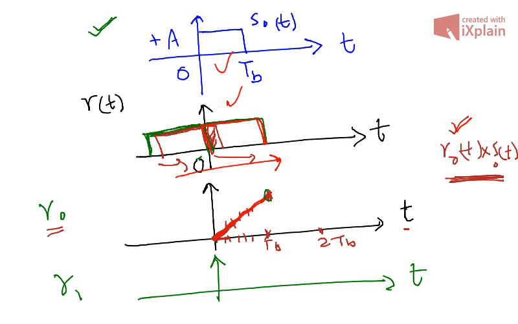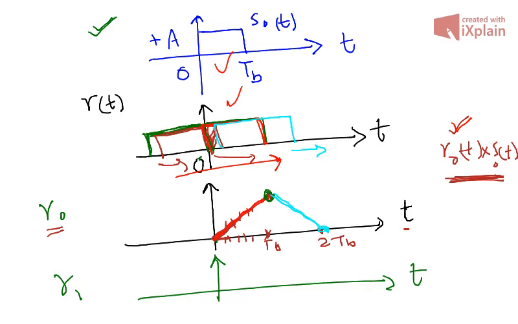Now after TB, the signal is already received, no more signal. So it means you are just dragging it this way, and again this product decreases, and up to 2 TB it would reach the minimum, 0.